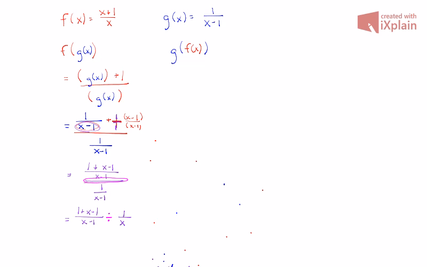Note that I can clean this up: I have a positive 1 and a negative 1, so my next line will read x over x minus 1. I'm going to skip this representation, flip the other one over, and make this a multiplication. These two values will cross cancel, and this will leave us with x over 1, or just x.